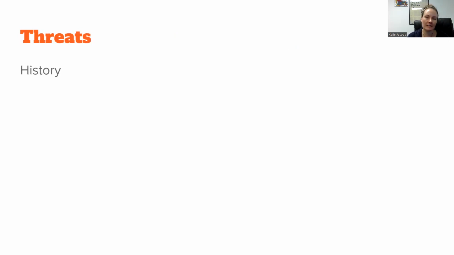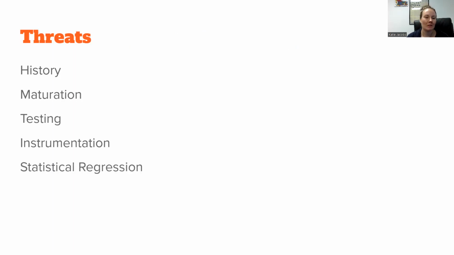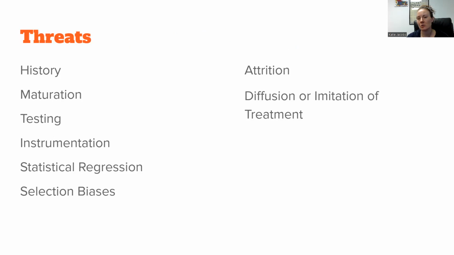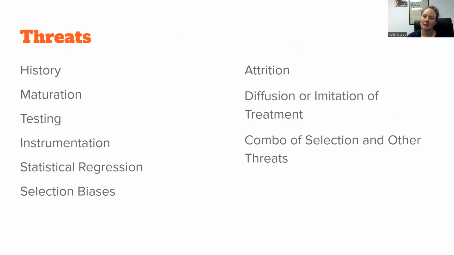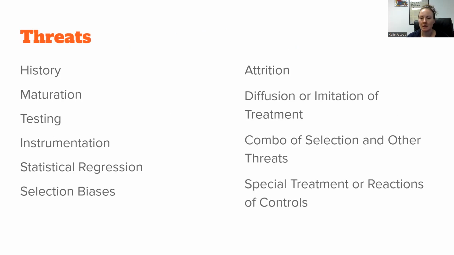So several of these threats include something called history, maturation, testing, instrumentation, statistical regression, selection biases, attrition, diffusion or imitation of treatment, combo of selection and other threats, special treatment or reactions of controls.